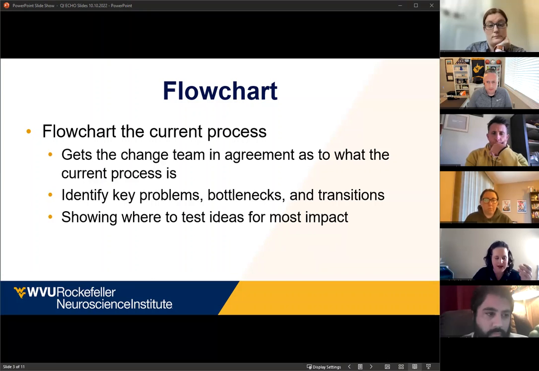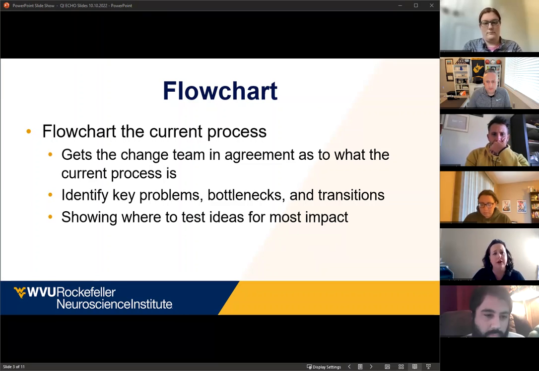It allows you to commit to paper what the whole process looks like from the patient's vantage point, and allows you to identify potential bottlenecks, transitions in care, and problems that may be at the root of whatever problem or phenomenon of interest you've identified.